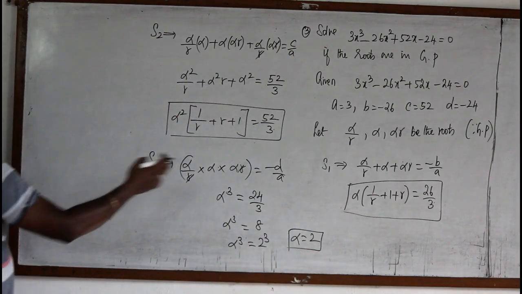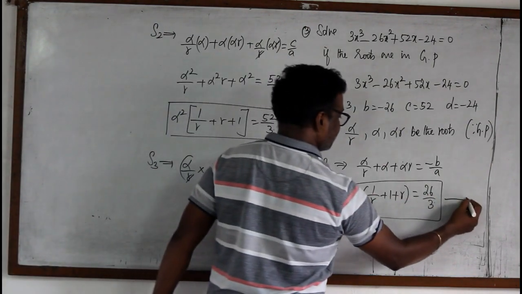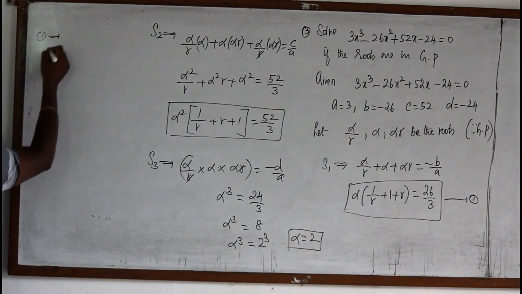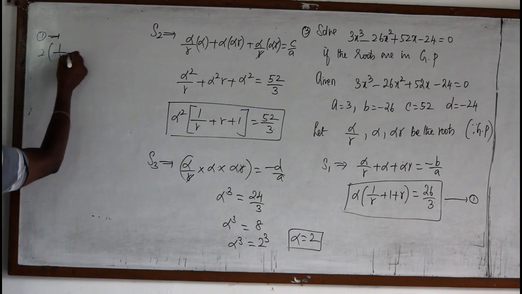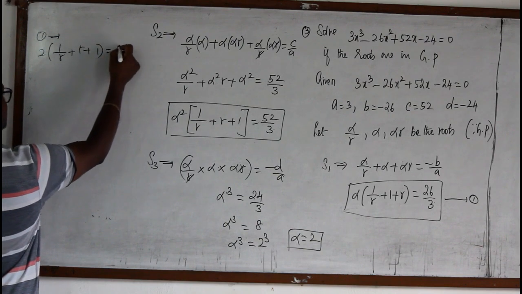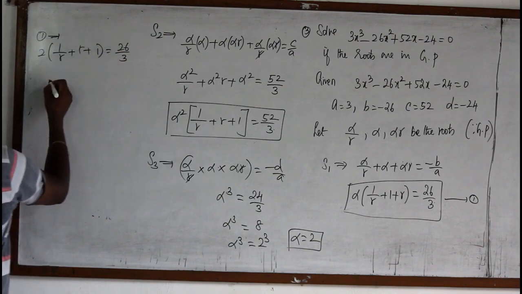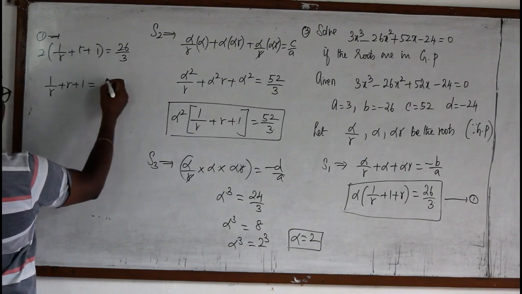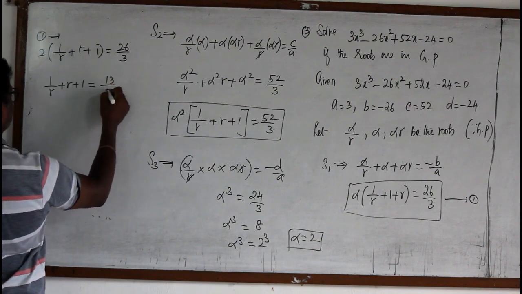Now, we will substitute only in S1. Therefore, 2 into (1 by r plus 1 plus r) equals 26 by 3. It is 1 by r plus 1 plus r equal to 26 by 3 divided by 2, which is 13 by 3.